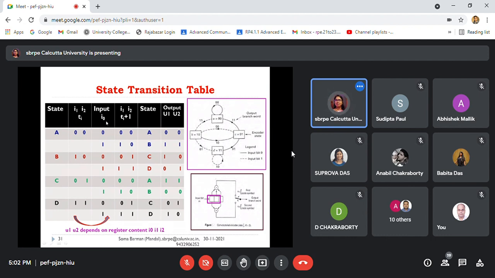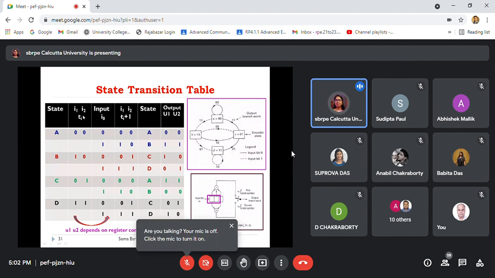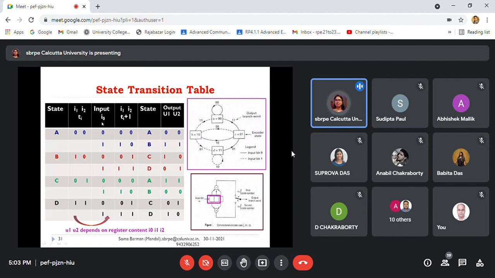So your input is coming 0 0, how does the state transit? The output depends on I naught, and I1 and I2 are the memory of the shift register. At the next time instant, when input I0 is coming, I1 and I2 are shifted to another state position. Suppose A is 0 0 and input 0 is coming. So A is 0 0, and another 0 is coming.